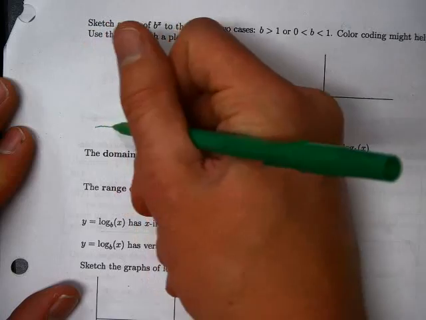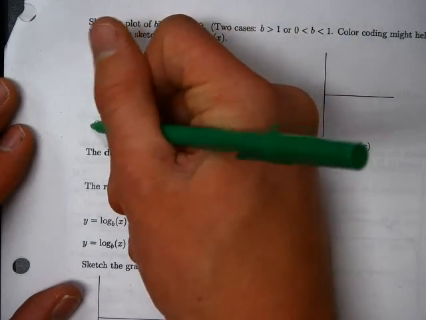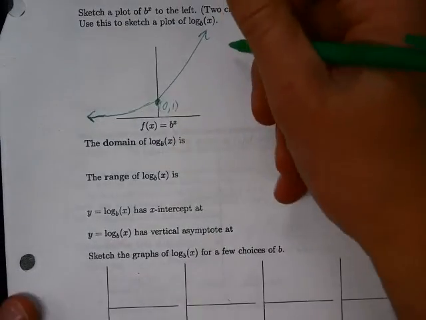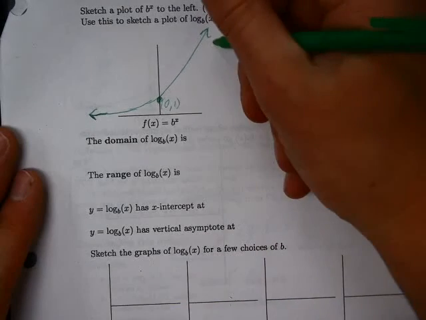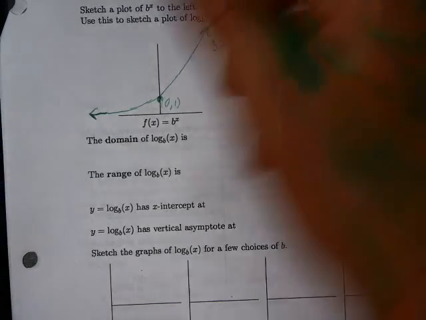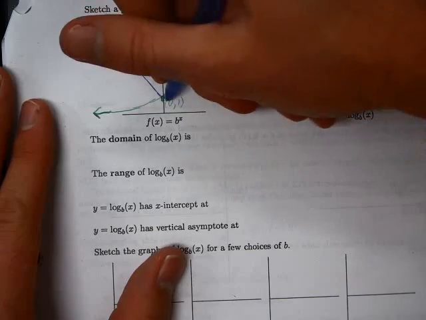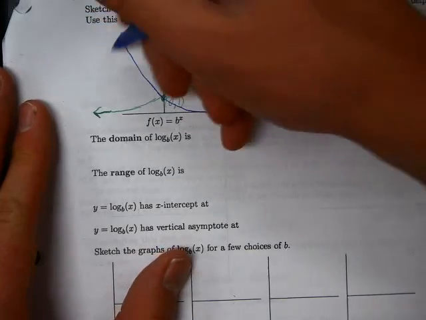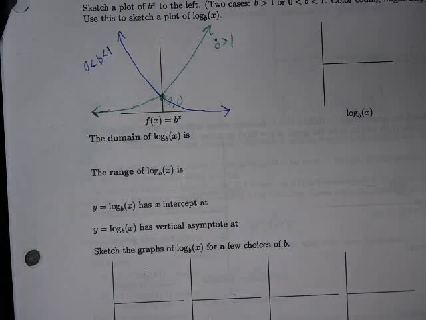And then it'll do something like this, right? At least it will some of the time. The graph of b to the x will look like that as long as b is bigger than 1. When b is between 0 and 1, that's what the graph of b to the x will look like.